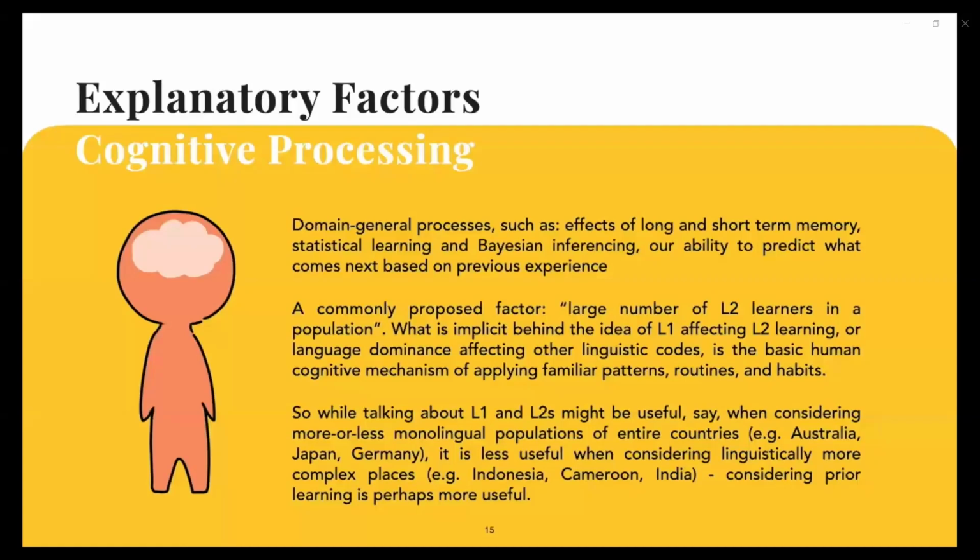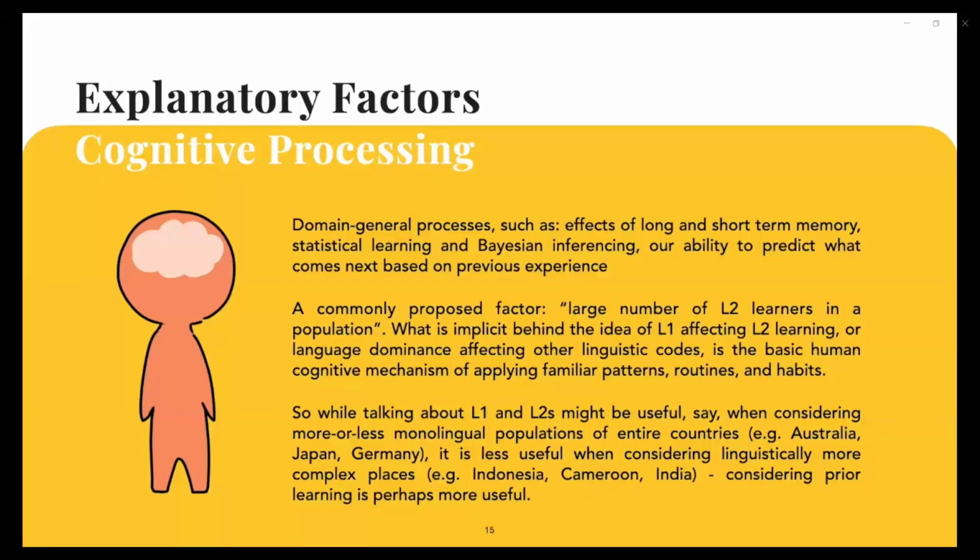So I mentioned earlier this commonly proposed factor that if you have a large number of second language learners of a language in a population, that maybe the second language learner type errors that they make might spread into a speech community and might be transmitted over time and may become entrenched in a linguistic system.